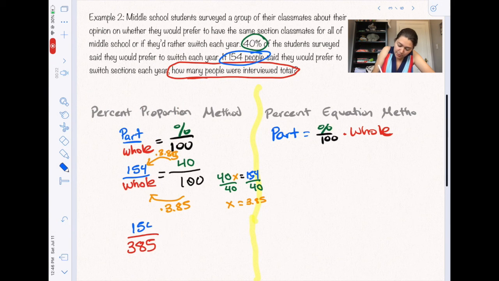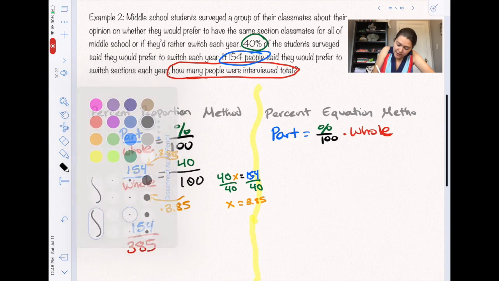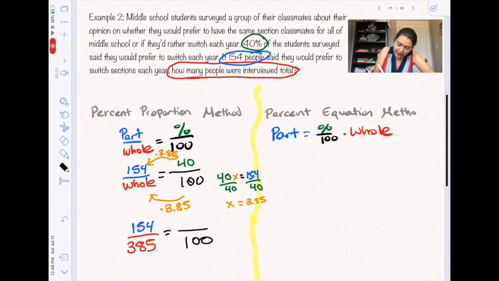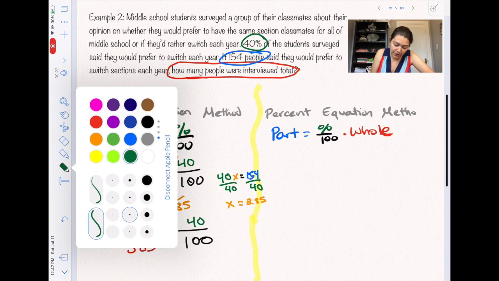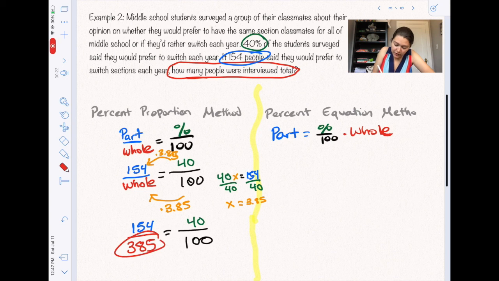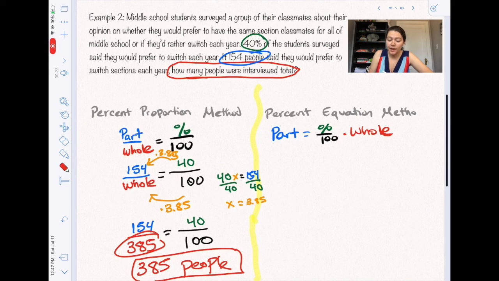So I get the proportion 154 divided by 385 is equal to 40 divided by 100. Okay, so then I have my whole here. 385 people is the total number of people that were interviewed. And then 154 of them said they would prefer to switch sections each year.